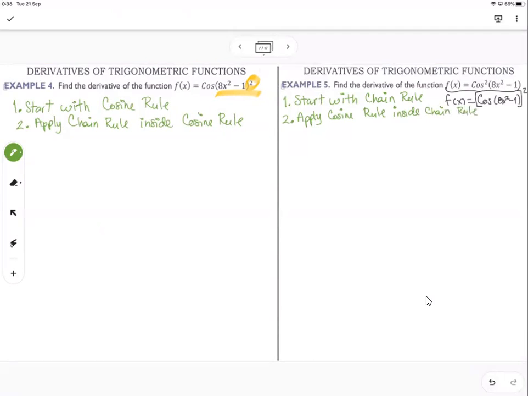Okay? So as you can see, the order is different. Okay, so be careful with that.